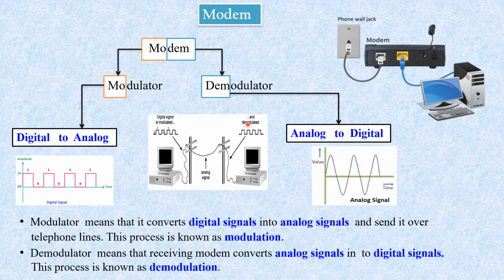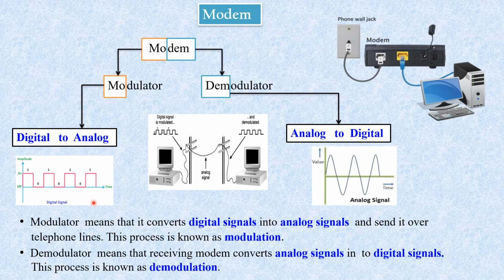And demodulator means to convert the analog signal back to digital signal, that is from continuous signal to the digital signal, that is ones and zeros. That process is nothing but demodulation, and from digital to analog, that is modulation. So modem is nothing but to modulate and to demodulate the signal, meaning converting the digital signal to analog and back from analog to digital.